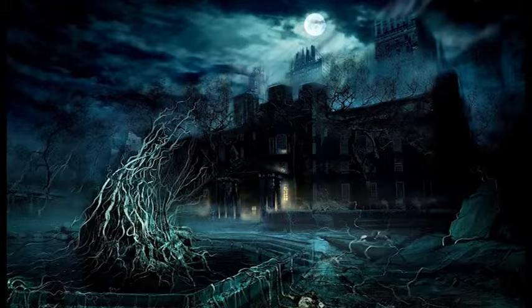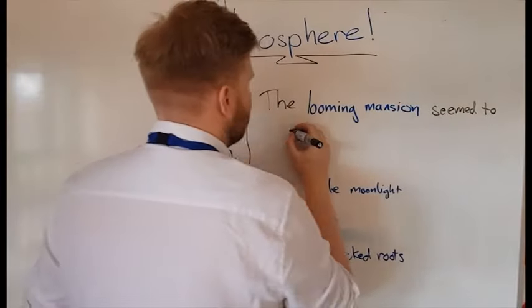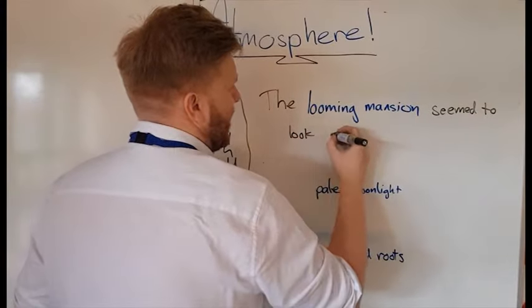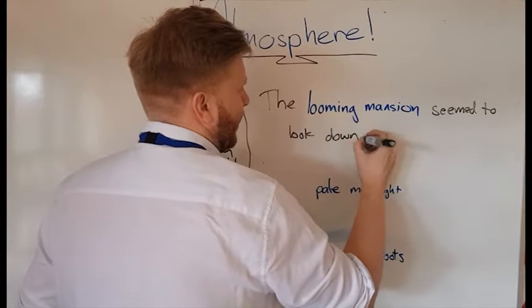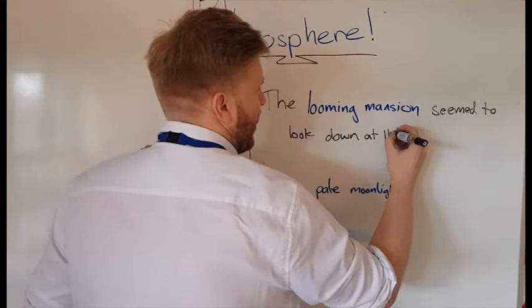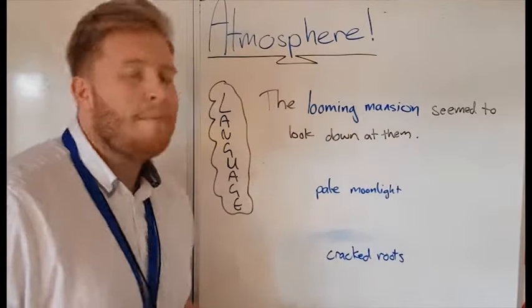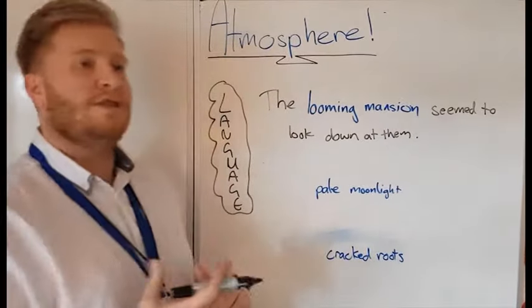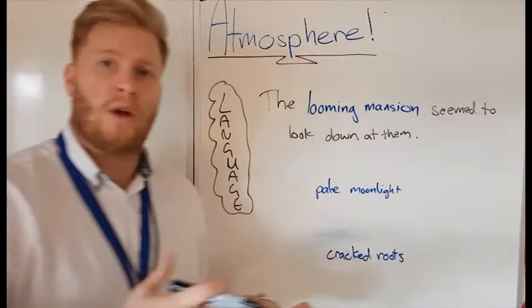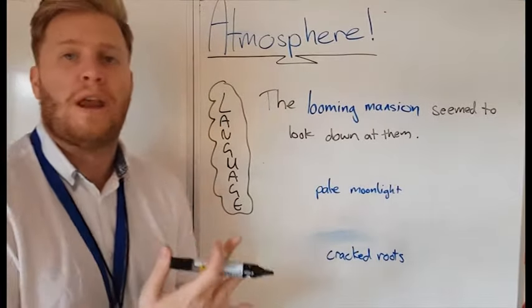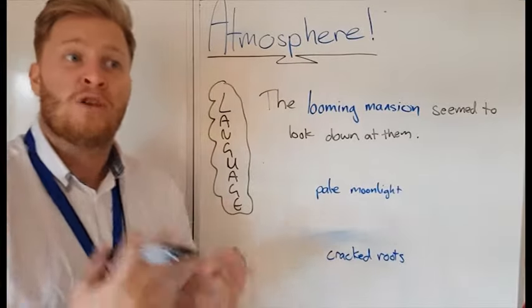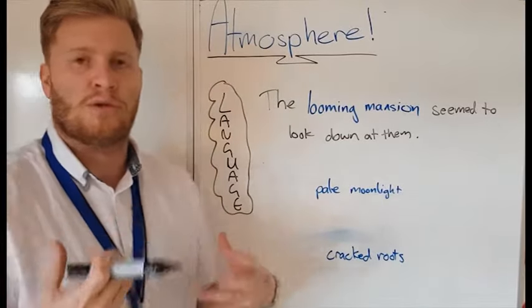seemed to look down at them. Okay, so I've got the looming mansion seemed to look down, so I've got some actions there. The mansion I'm personifying, it's looking down on them. So they feel small, they feel insignificant, so does the reader.